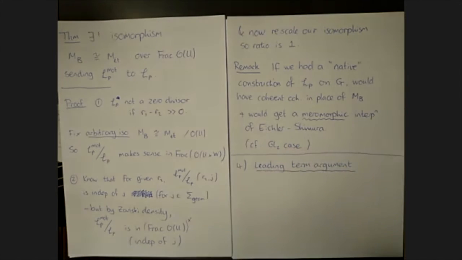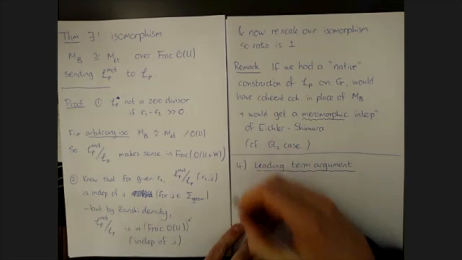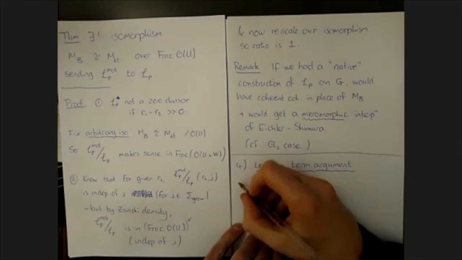And we found a trick for this that we call the leading term argument. And this is to handle what happens when you specialize back to weight R2.